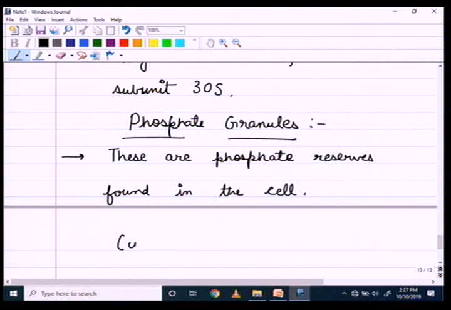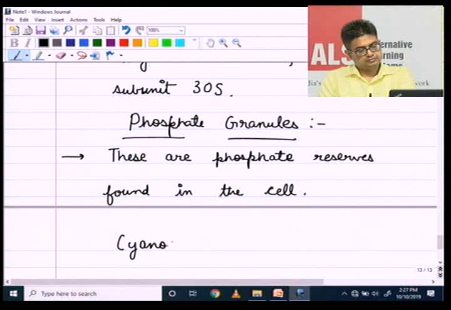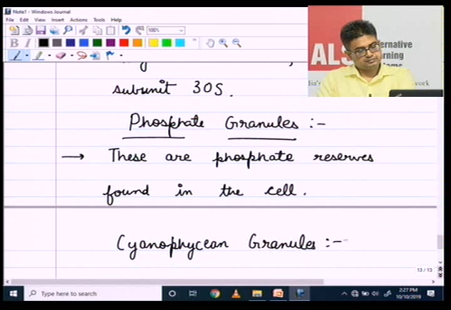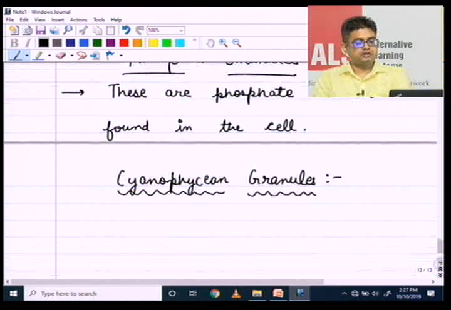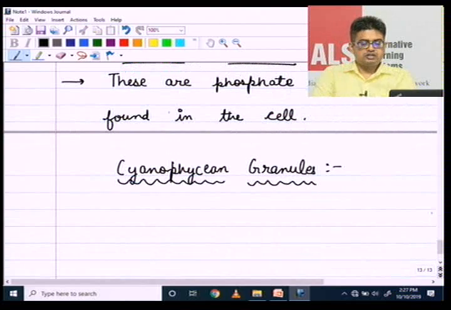Synophycean granules. So what are the synophycean granules?